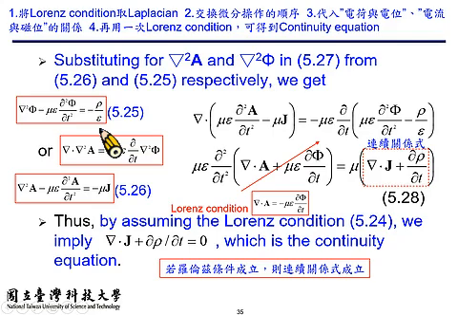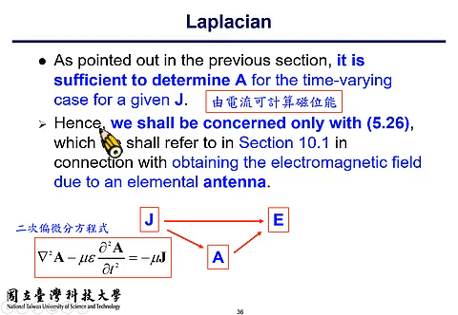Okay, so here is a trick to show you that the Lorentz condition may be closely related to the continuity equation. All right. So again, as I already mentioned, the electrical scalar potential and the idea of potential is very useful in treating actual electromagnetic problems.